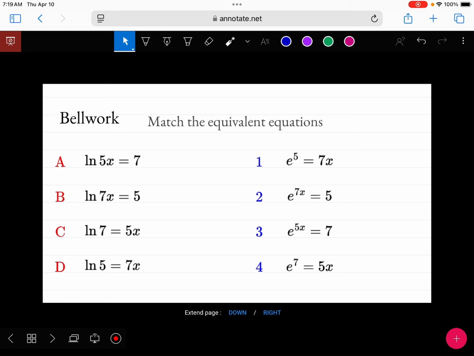All right. So we're not needing to do any solving on this one. We're just matching equivalent expressions. So think of it as if we were to switch these to and from exponential form.